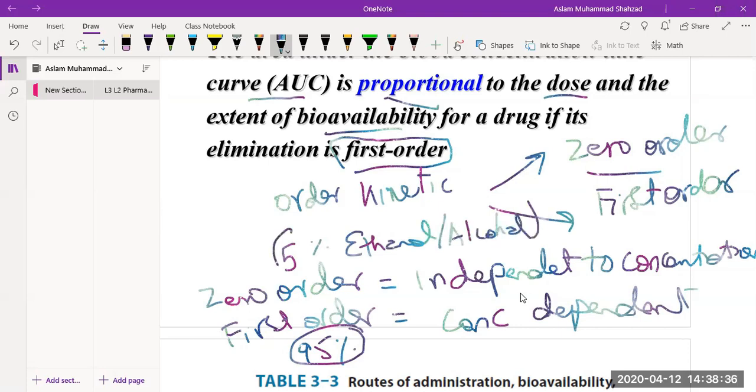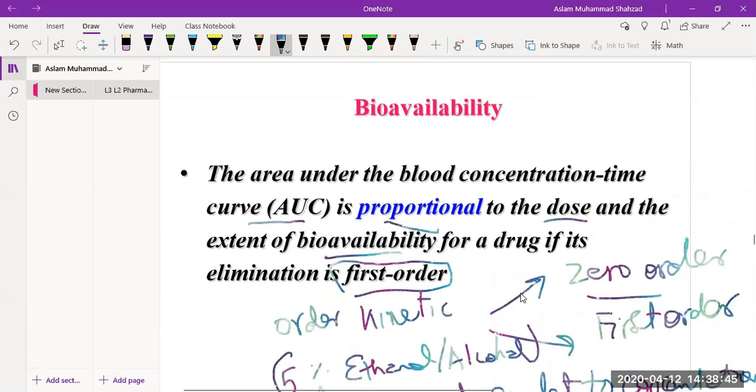They follow zero order kinetics, but the majority of the drugs, 95%, follow first order kinetics and they are concentration dependent. So they're talking about that area under blood concentration time curve, AUC, is proportional to the dose and extent of bioavailability for a drug. So it means it depends upon the dosage, the amount of drug or the extent of drug that is bioavailable, and they are following the first order kinetics.